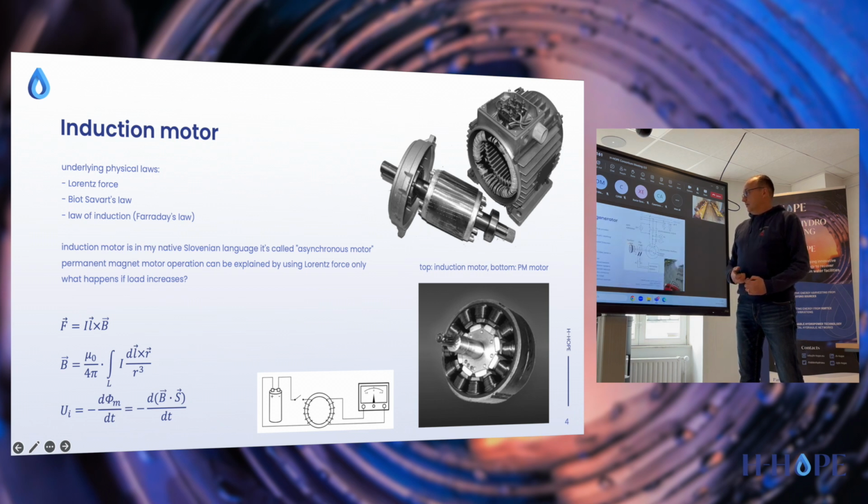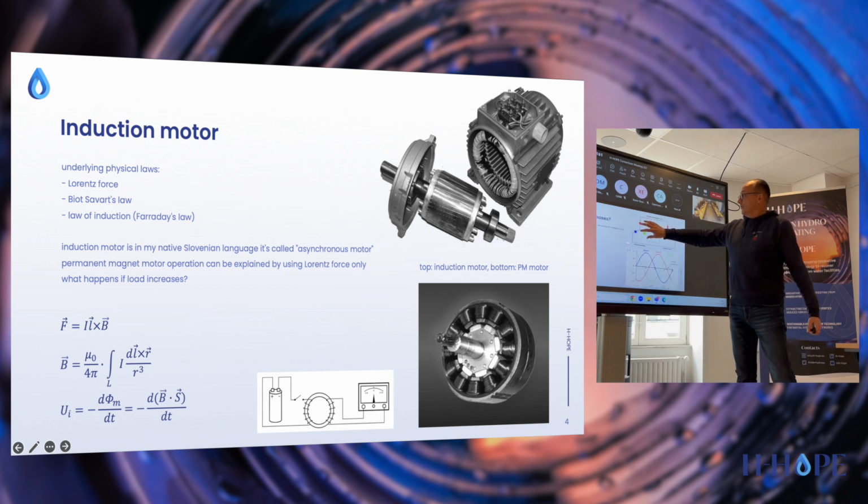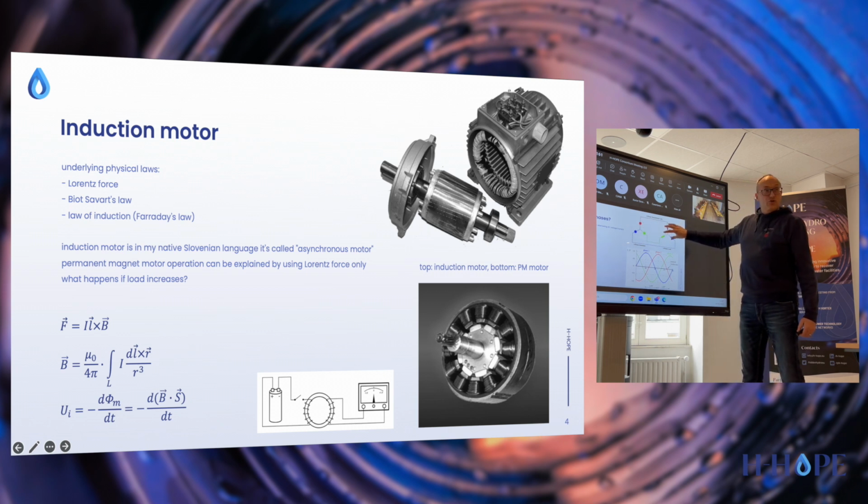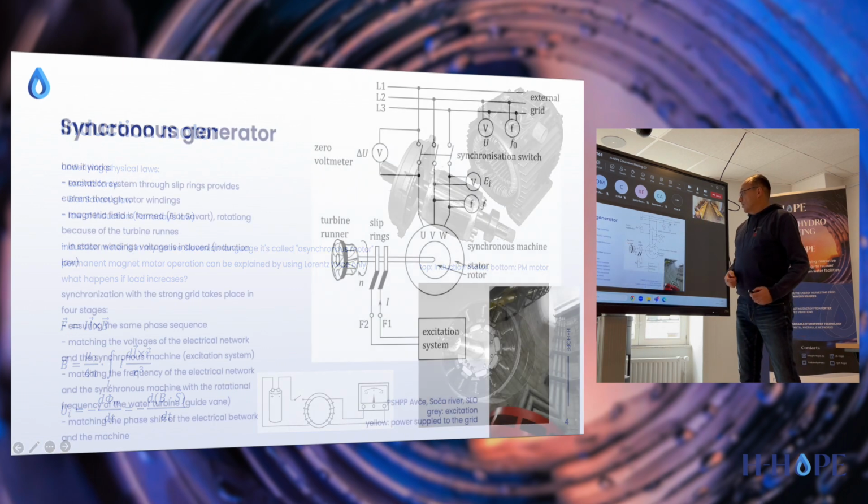And the third slide is about synchronous generators. Now let's move to this first slide. That was the induction motor from the second slide. Now we'll discuss what's going on here in the power plant as a generator.